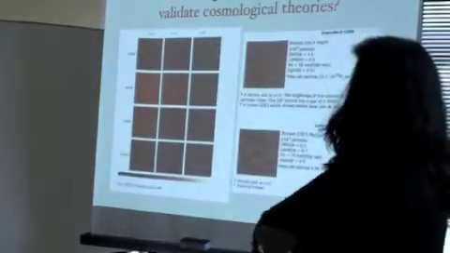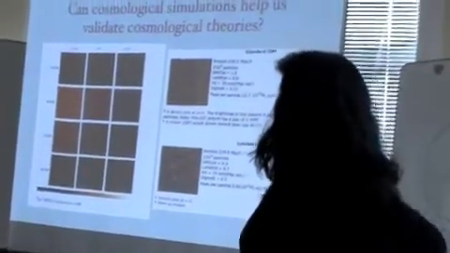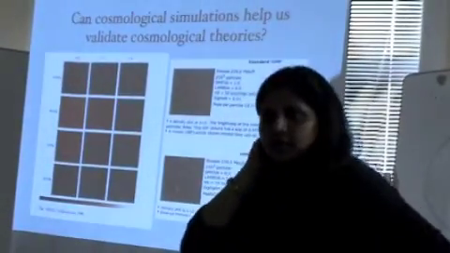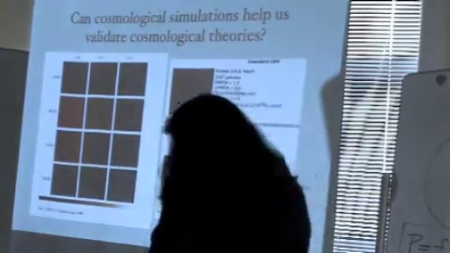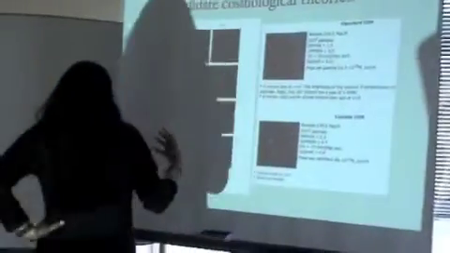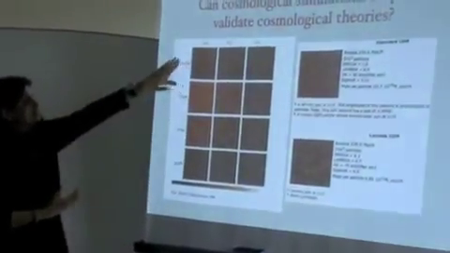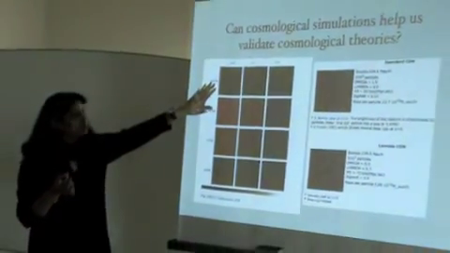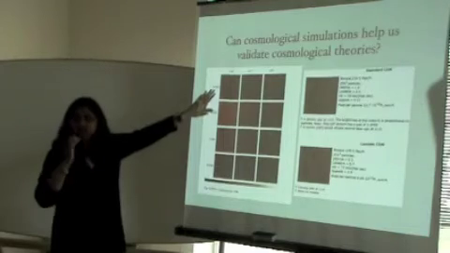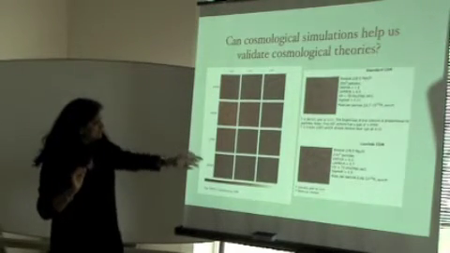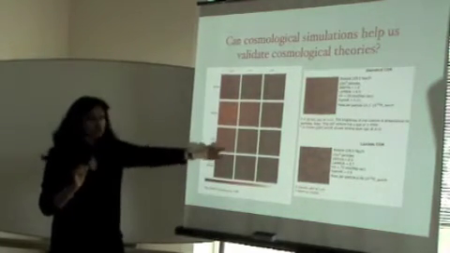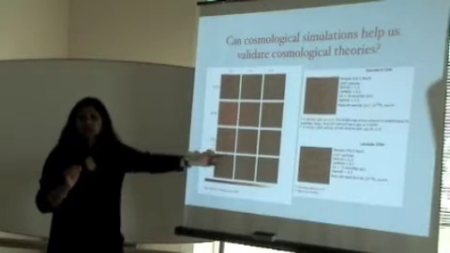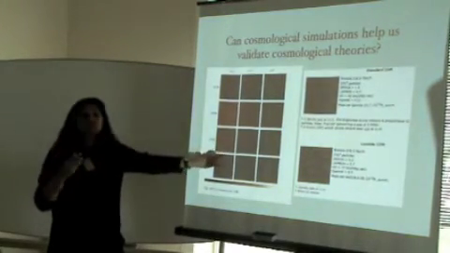Okay, so the question is, can cosmological simulations really help us validate theories? And it turns out that it can help us validate theories of the sort where there is a slight difference either in the assumed properties of the dark matter particle. So this tau CDM is the neutrino case that I just showed you. So you have neutrinos constituting some of the dark matter.